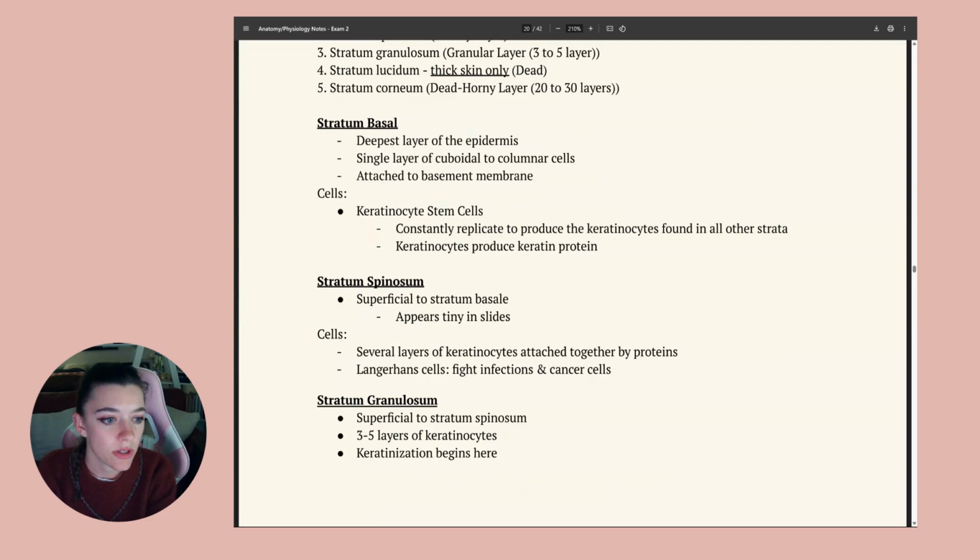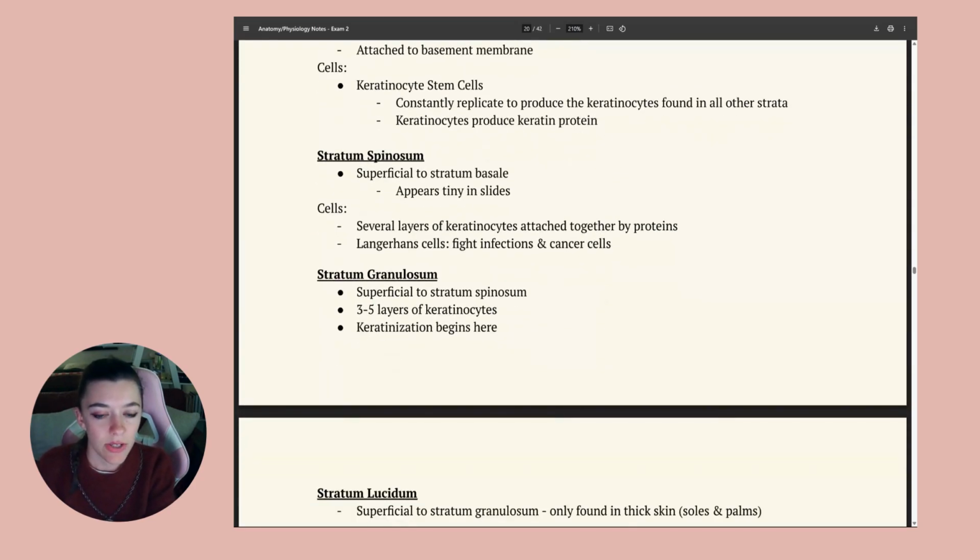That's where your keratinocytes are produced, and then they go up each layer until they get to the corneum. Your keratinocyte stem cells constantly replicate to replace the keratinocytes found in all other strata, and they produce keratin proteins.